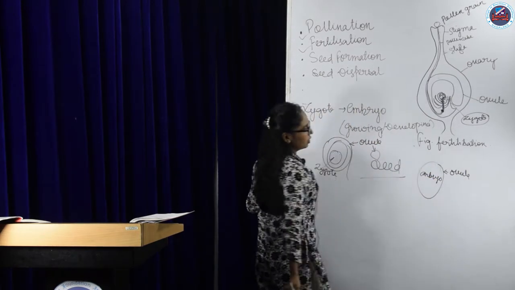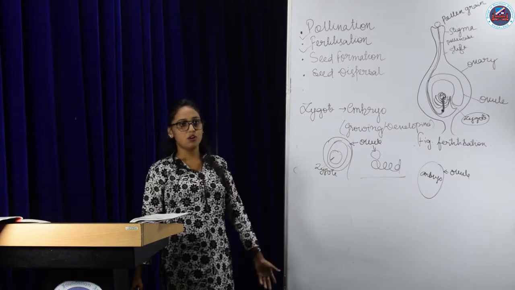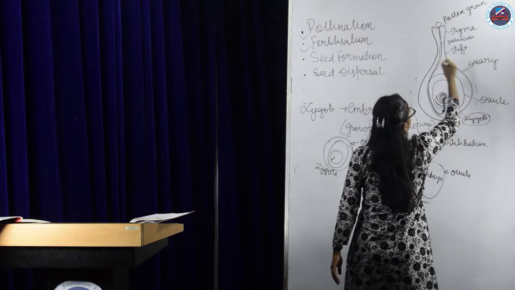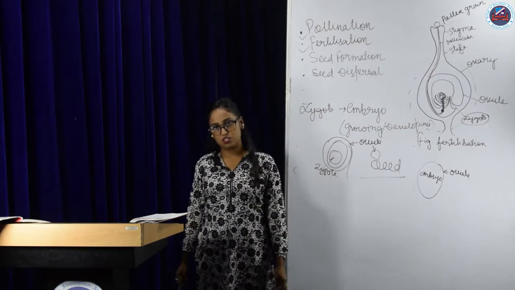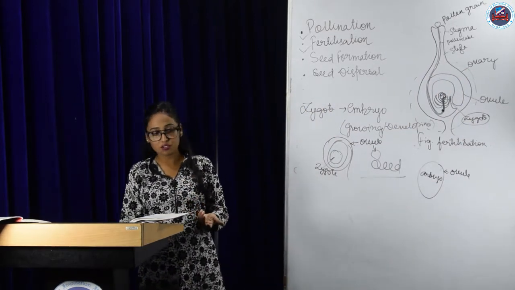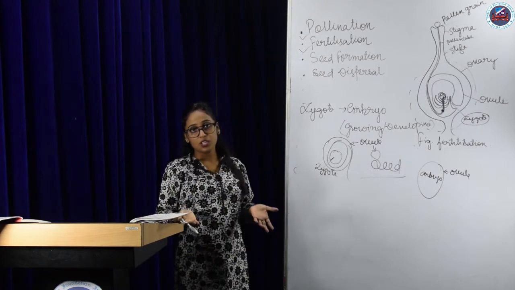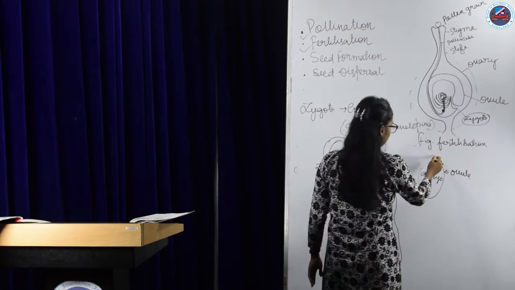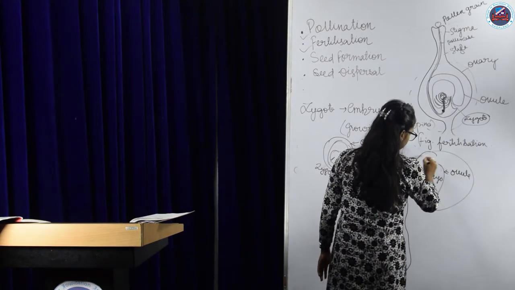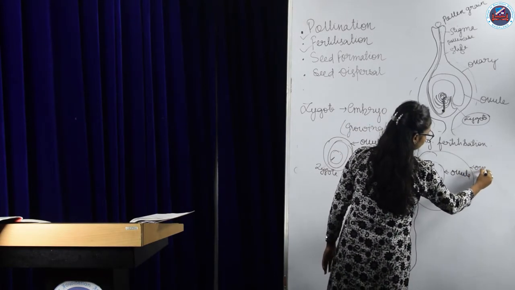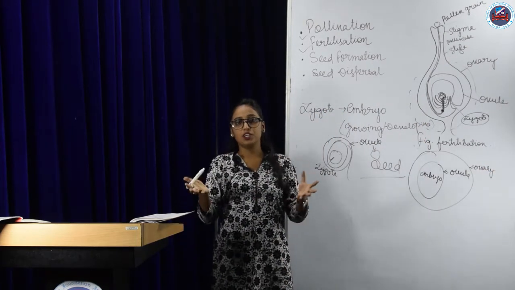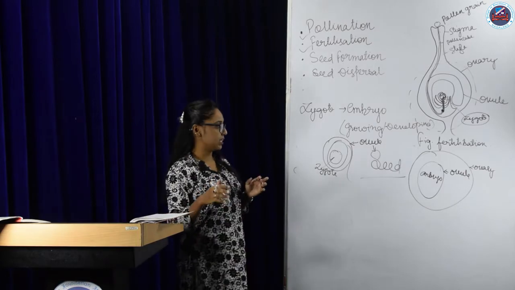Now what happens to the ovary? This part. This part also changes. The ovary also changes and it ripens. In some cases it becomes fleshy, such as in berries and drupes, and in some cases it converts itself into a hard covering, for example in nuts.